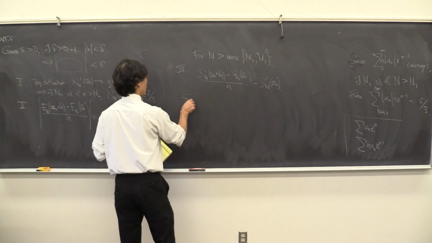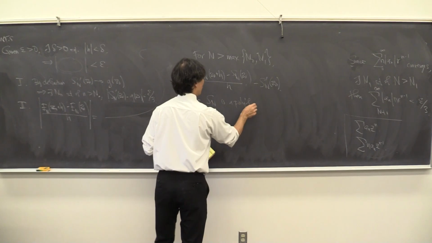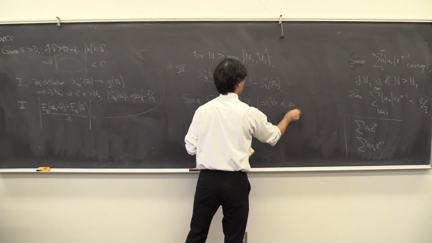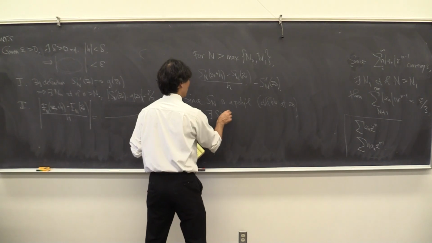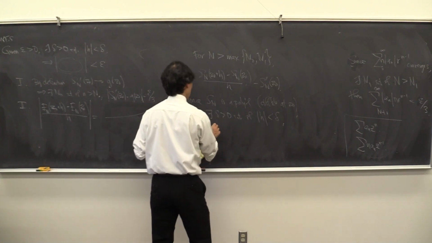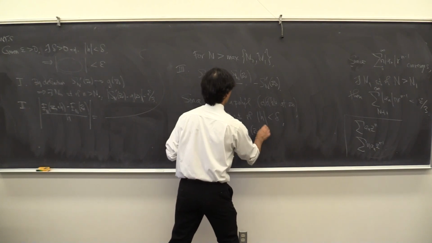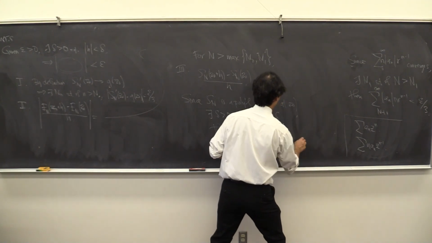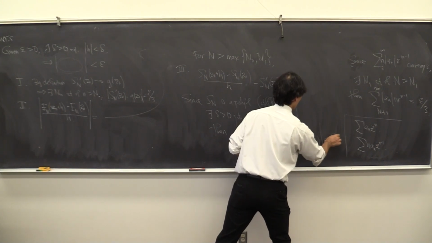So since S_n is a polynomial, it's differentiable at z naught. We know that there exists a delta such that if the absolute value of h is smaller than delta, then this thing minus this is smaller than epsilon over 2.